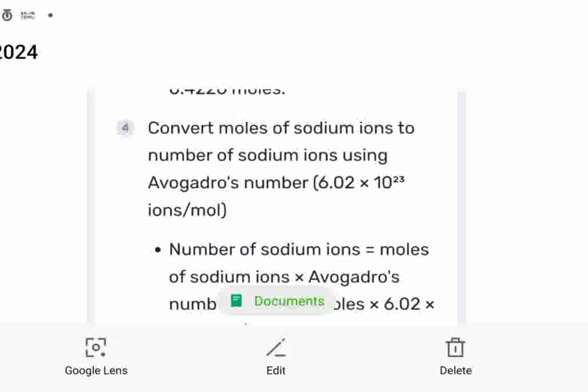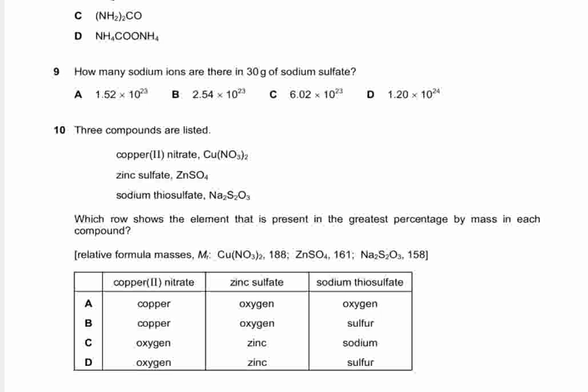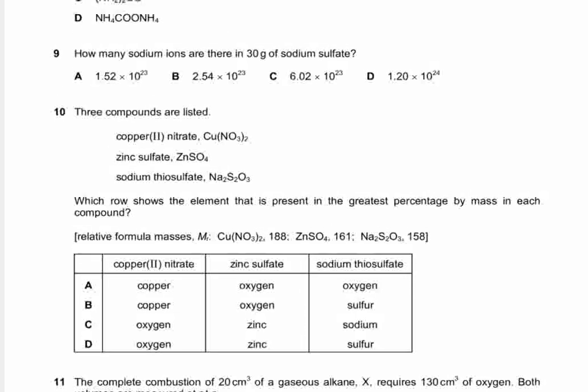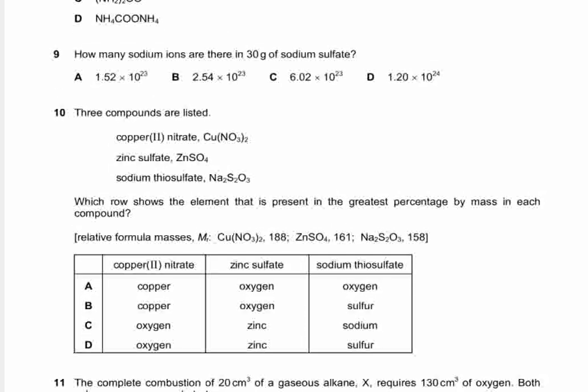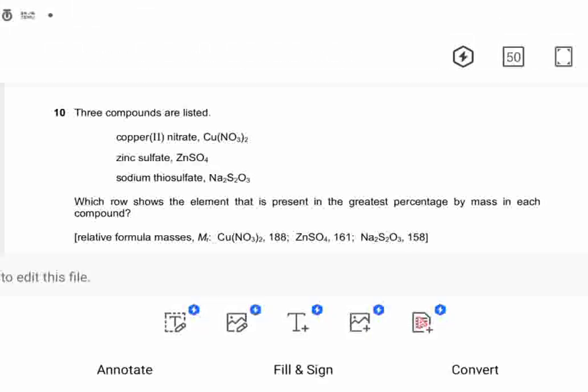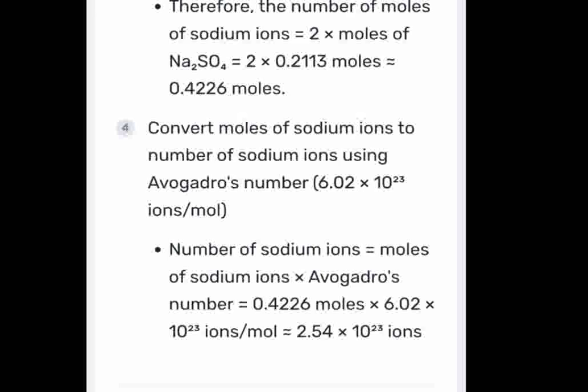Okay, then we have the next question. Three compounds are listed, and you have to pick the row which shows the greatest percentage by mass in each compound. There again we have a numerical, which we solve like this.